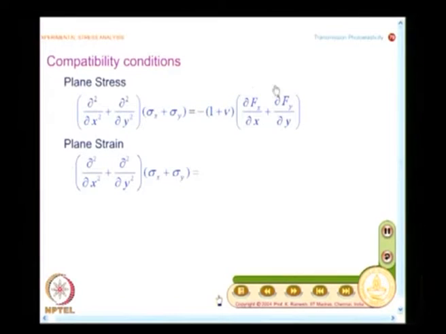Suppose the right hand side does not vanish, the compatibility condition is a function of what? It is a function of Poisson's ratio, which is a material property, whereas the equilibrium condition was not a function of any of the material properties.